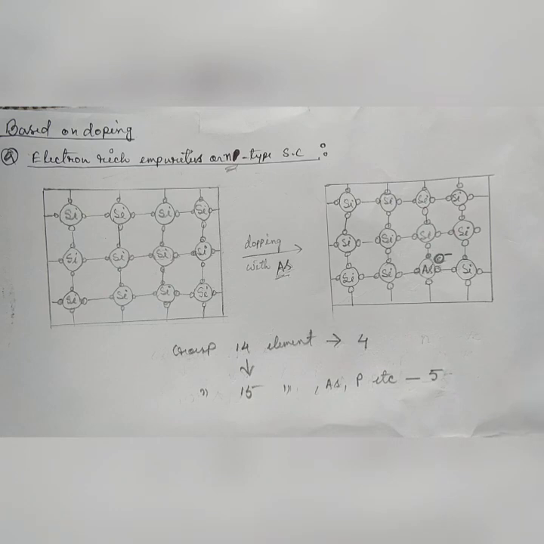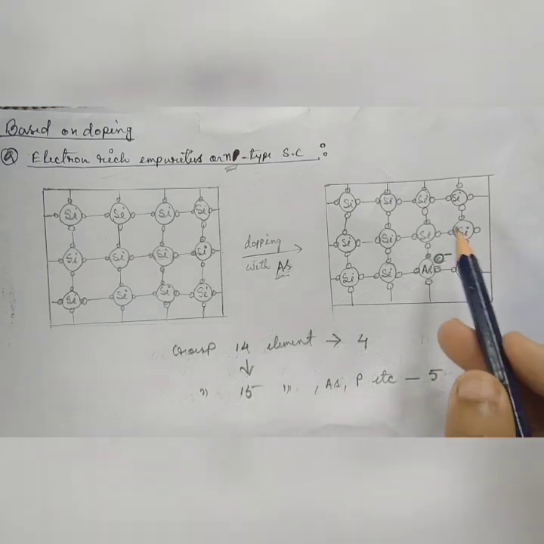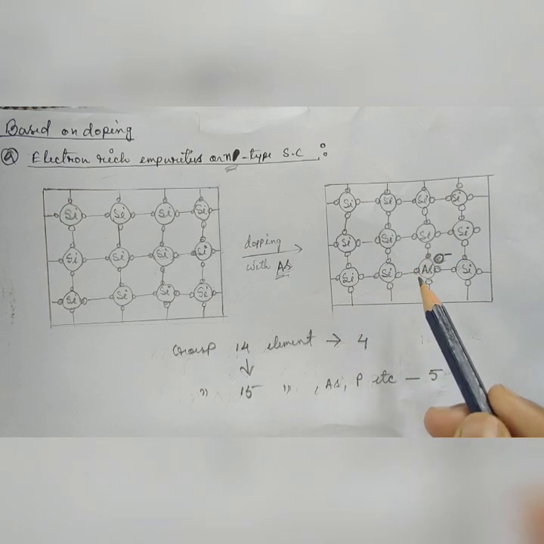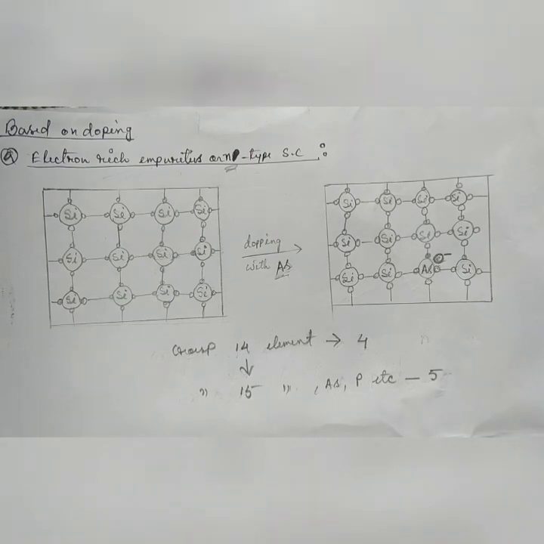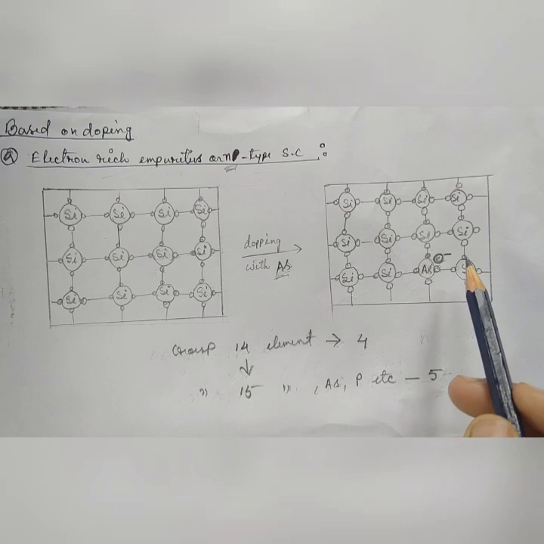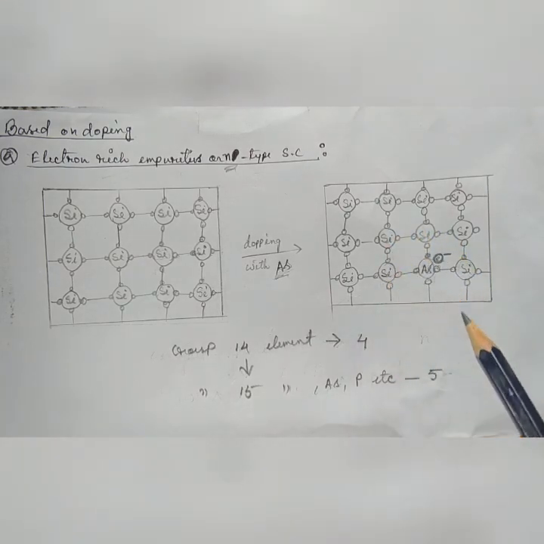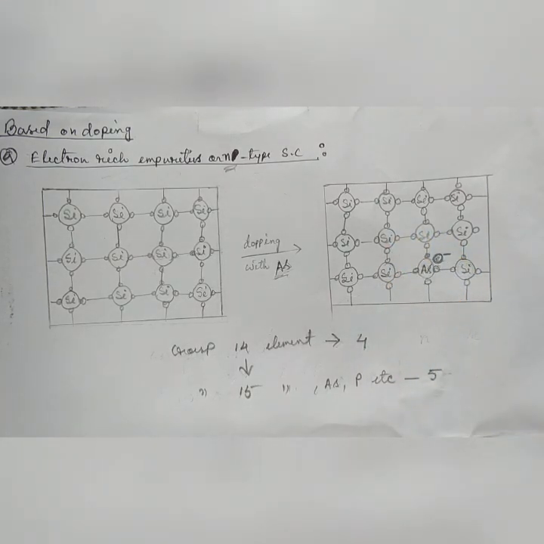So here this electron is free, so it will delocalize in this crystal, that means the electron will move in this crystal. Now when an electron moves, it generates what? Electricity. So because of this delocalization, the electrical conductivity of doped silicon will increase.